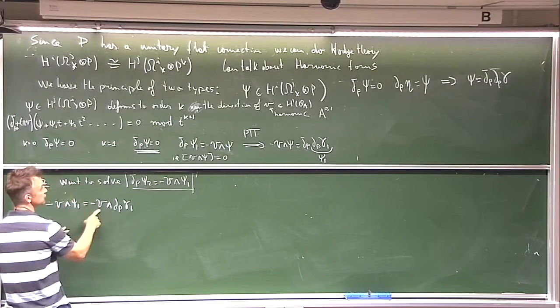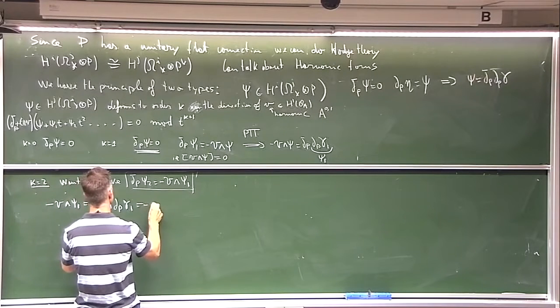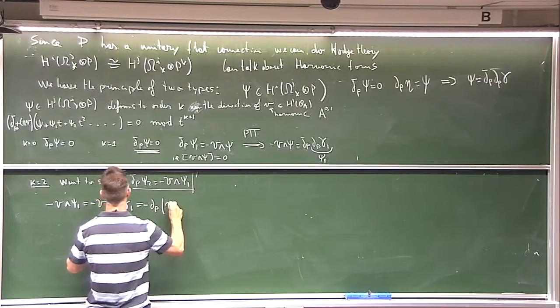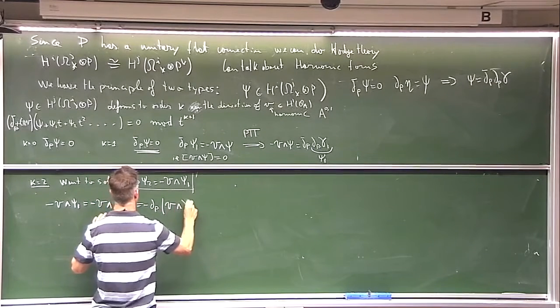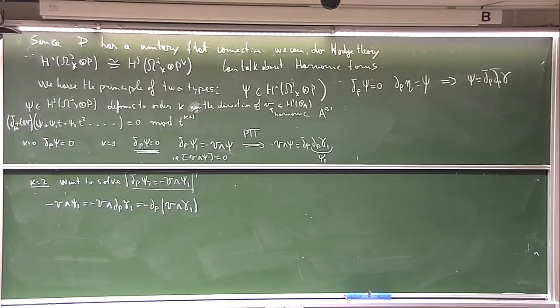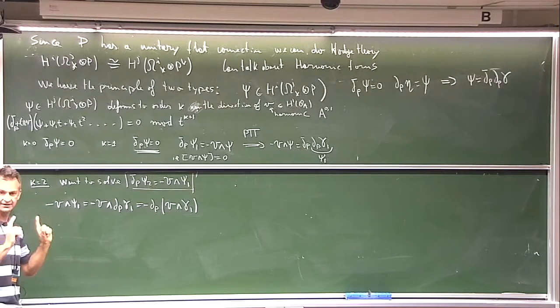But now v was chosen to be harmonic, so in particular this is del closed: minus del of v wedge gamma 1. So we're halfway there, because we've shown that this gadget here is del closed, and it's del exact. Now I would like to show that it's del bar closed.